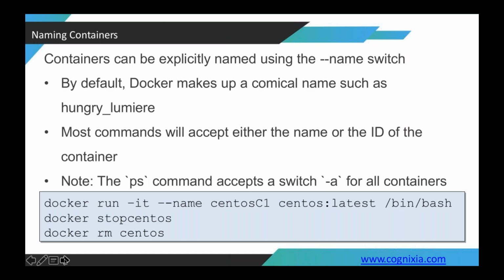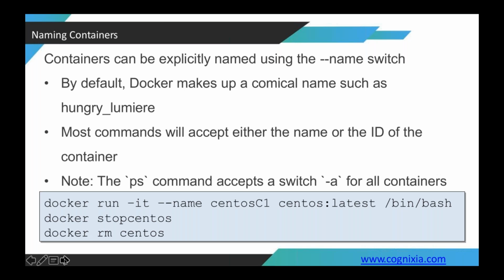Next comes how you can name your container. By default, if you don't name your container, Docker is automatically going to name it with some comical name, like Hungry Lumiere. So it's better to name your containers on your own, so that you can easily reference those containers.